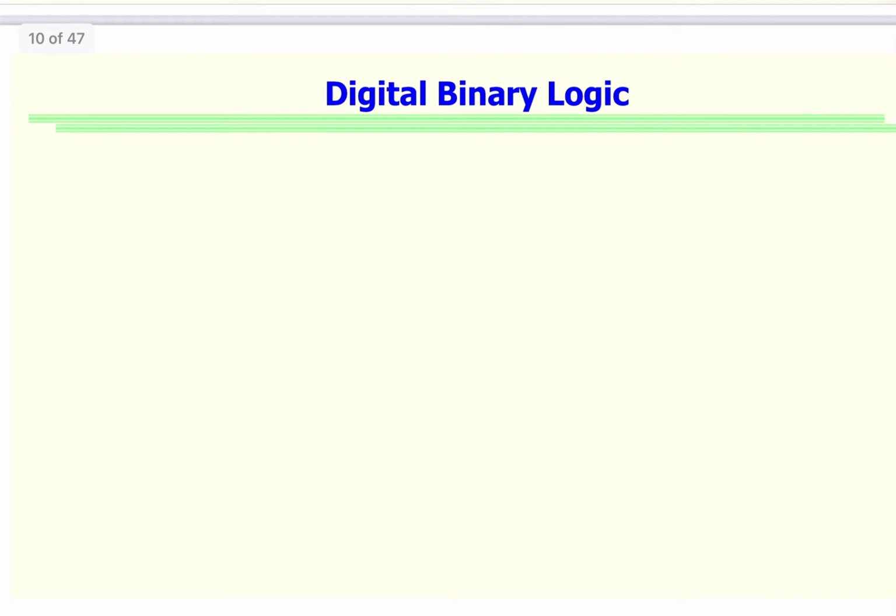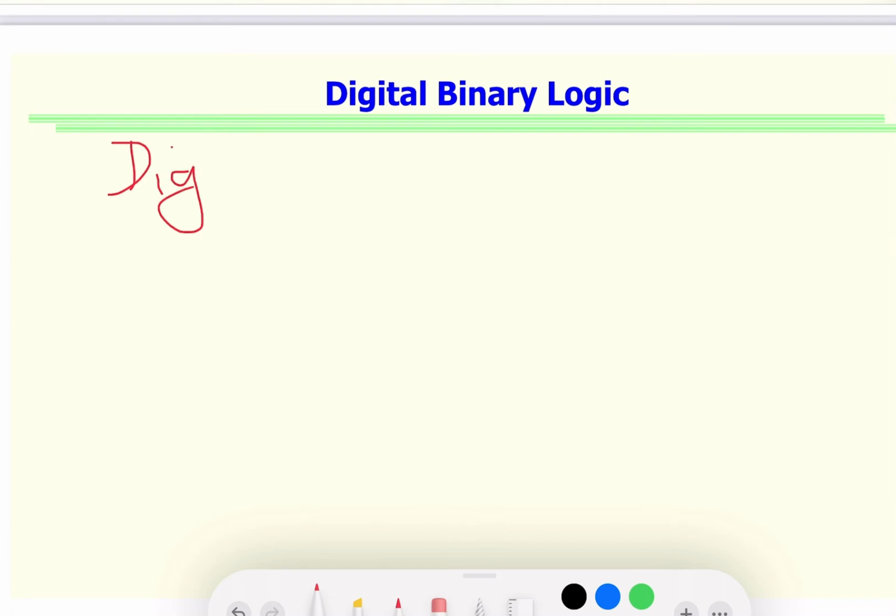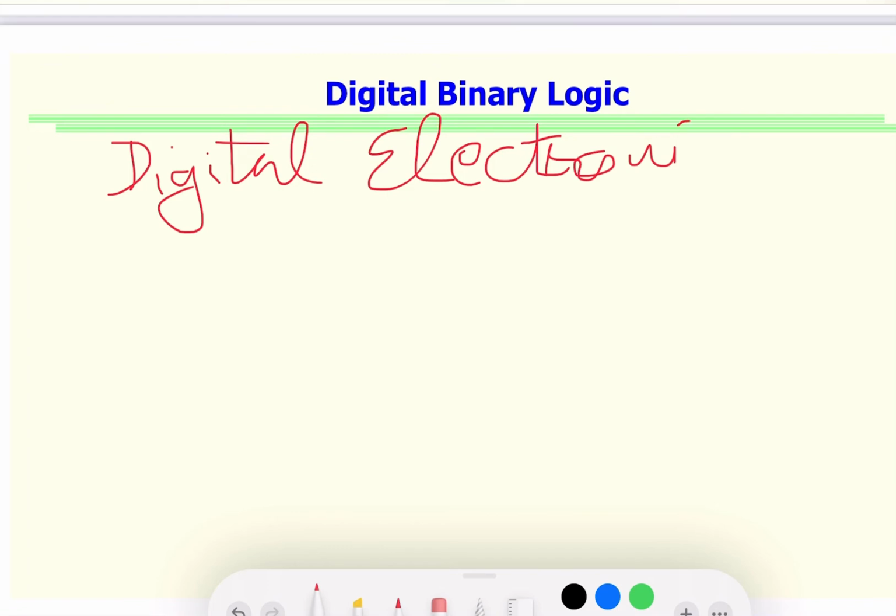In digital binary logic, we would be writing circuits, or doing digital electronics. We'll see the signals in discrete levels of 0 and 1, which would be an indicator of the analog level.